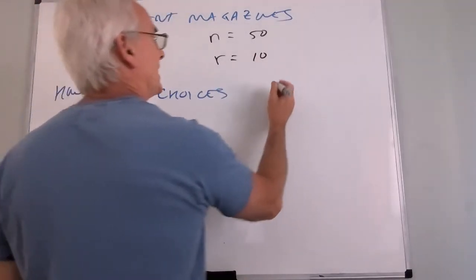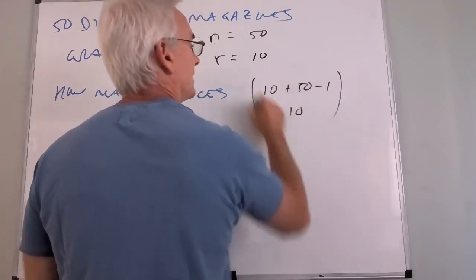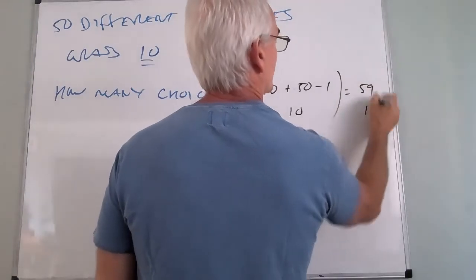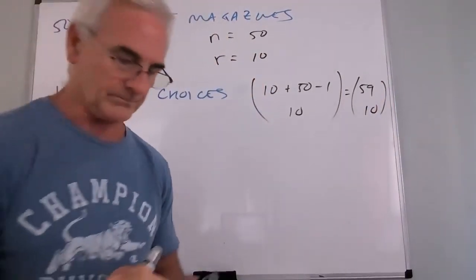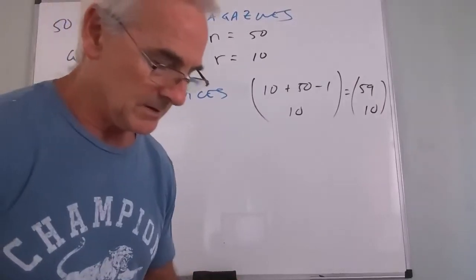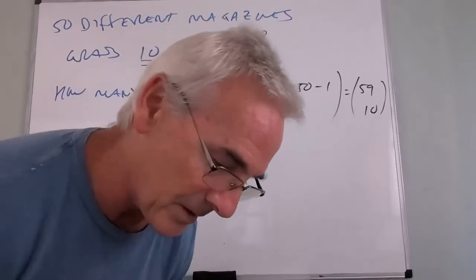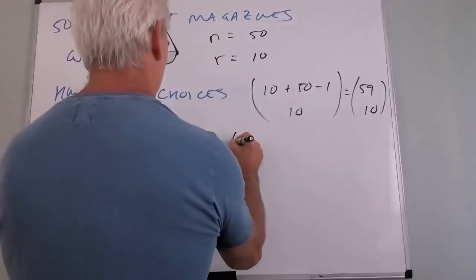So the answer in this case is 10 plus 50 minus 1, choose 10. And again, it's going to be a large number. So what's that going to be? 59 choose 10. A lot of choices. And always use the combination key on your calculator. So this one is on the order of 10 to the 10th, so this is in the billions.